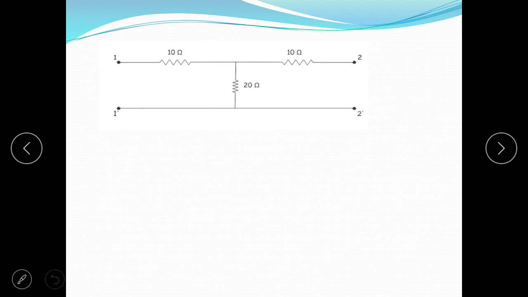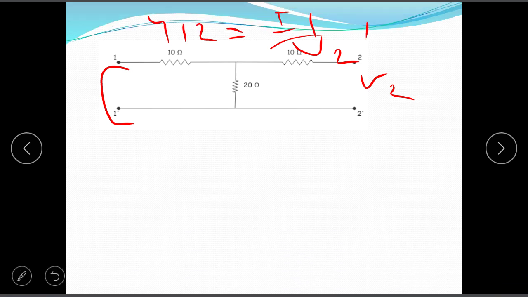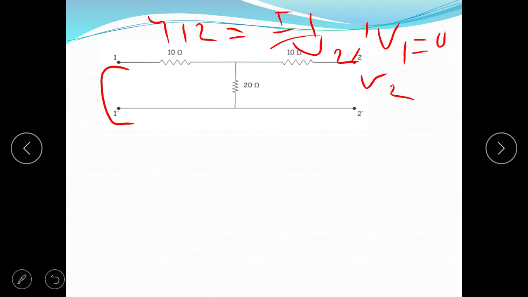And to calculate the value of Y12, what is Y12? Y12 is I1 upon V2 when V1 is equal to 0. So in this case, first we calculate the value of I1.